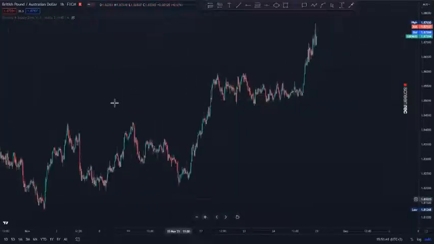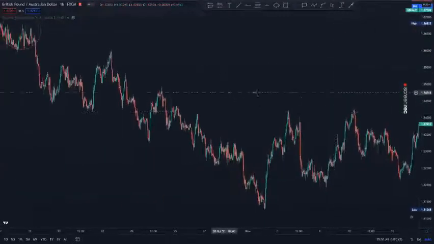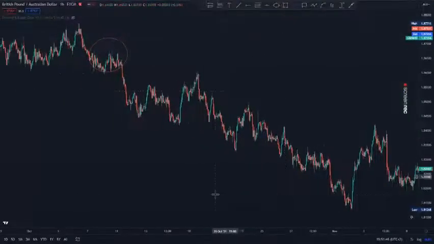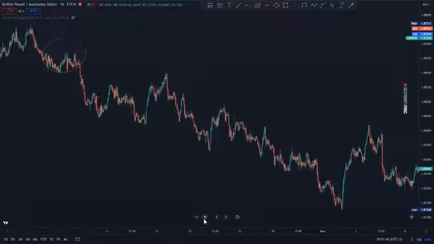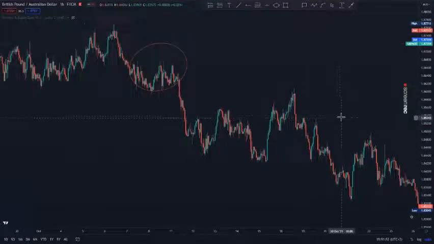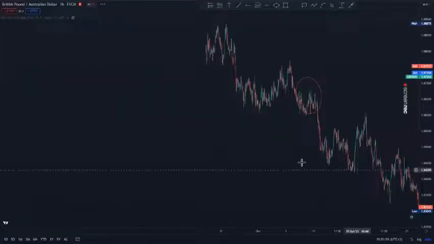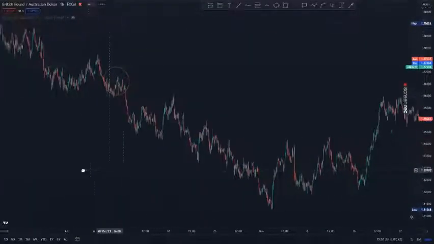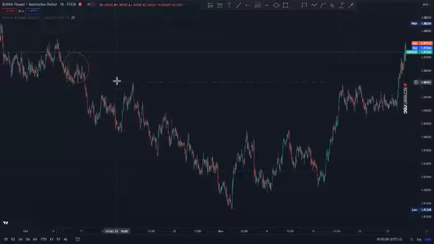So right here, I saw something very nice at this level here. If you zoom in a little bit, you are going to see what I'm talking about. Let me zoom out a little bit and make sure I'm looking at the right thing.